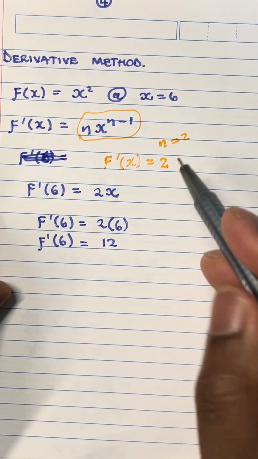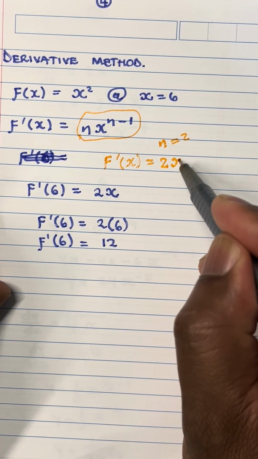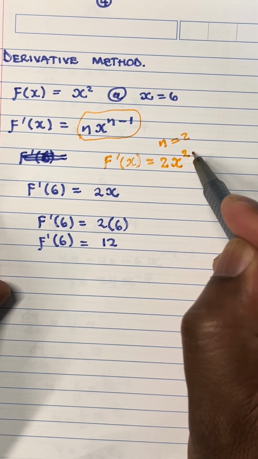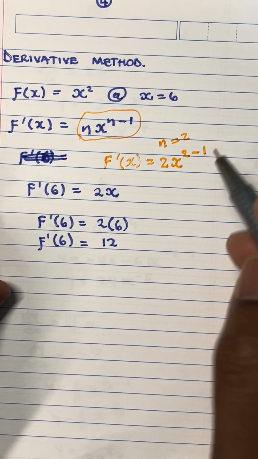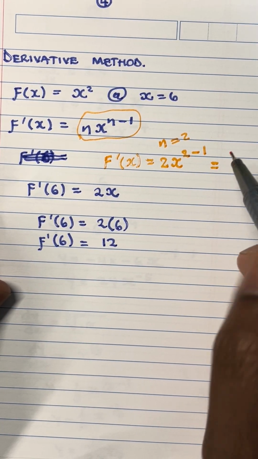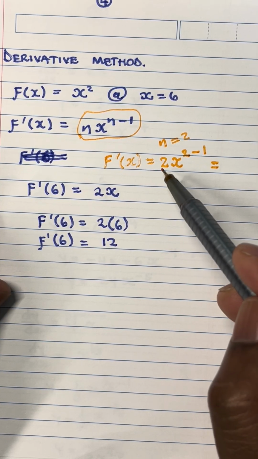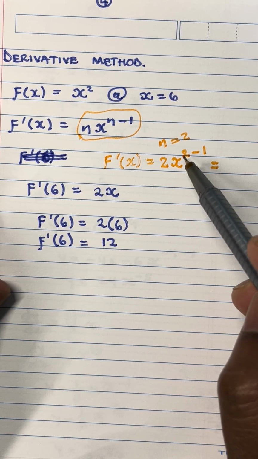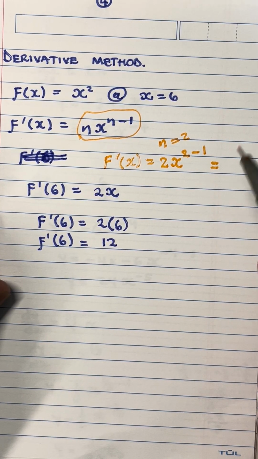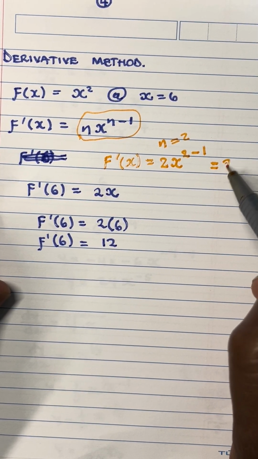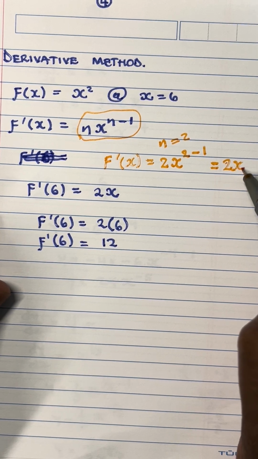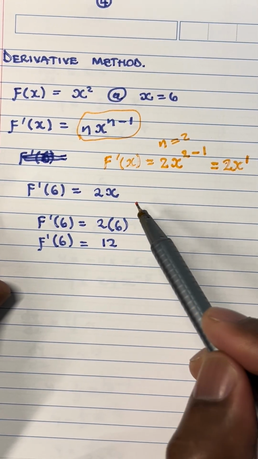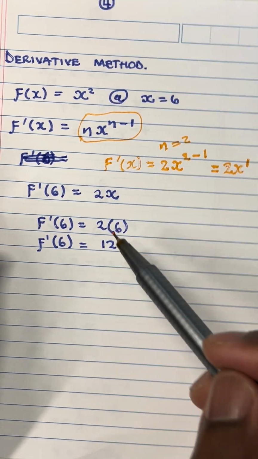This is the n, and then we have the x over here, and then we're going to have our n minus 1. Now what is that equal to? 2 would stay here, it's fine. x is fine, and then 2 minus 1 is 1. So the answer here would be 2x to the power 1, which is the same as 2x, because anything to the power 1 is that thing.